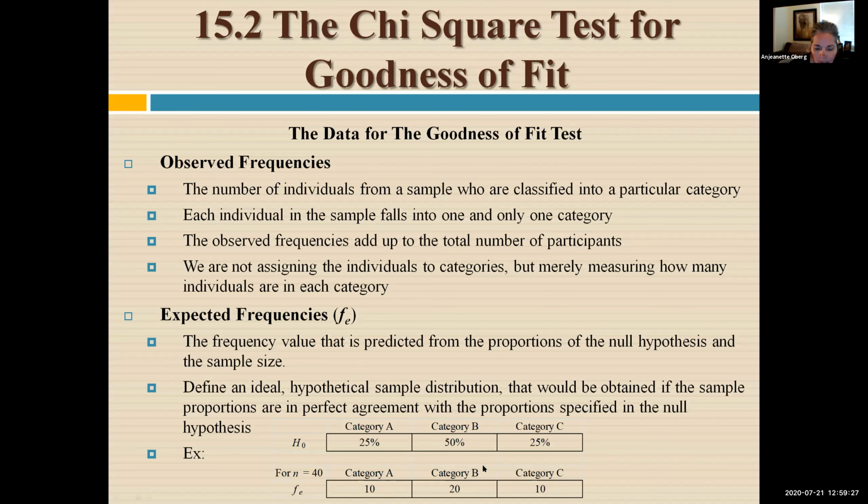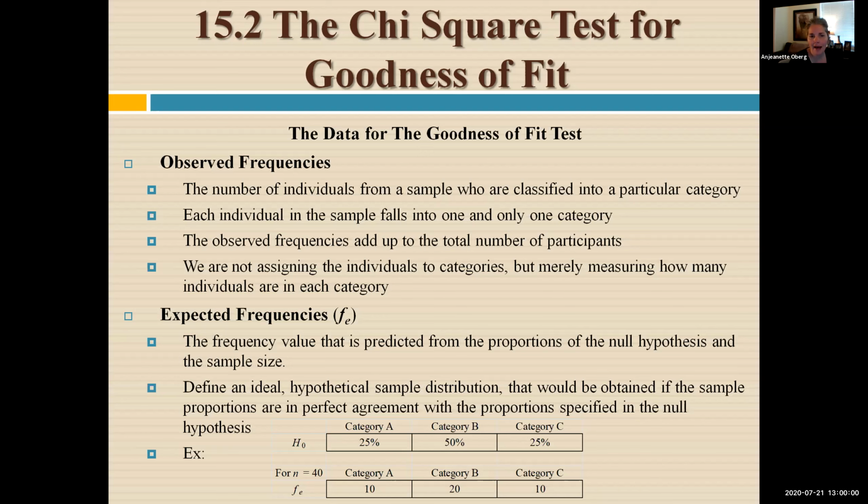And so in this particular study, it's suggesting that in the population you have 25% in category A, 50% in category B, and 25% in category C, okay? So we have a total of 40 participants. So we need to determine what our expected frequencies are based on that population, right?